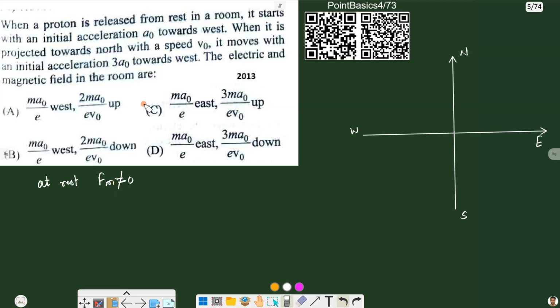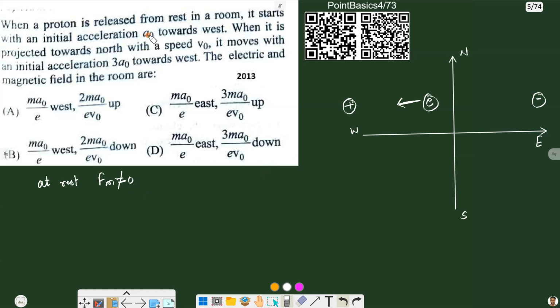And if the electric force is acting on it and producing a naught acceleration towards the west, it means our electric field's positive should be here and negative should be here, so that the electron is accelerated towards the west. As this is an electron, it will be accelerated in this direction.